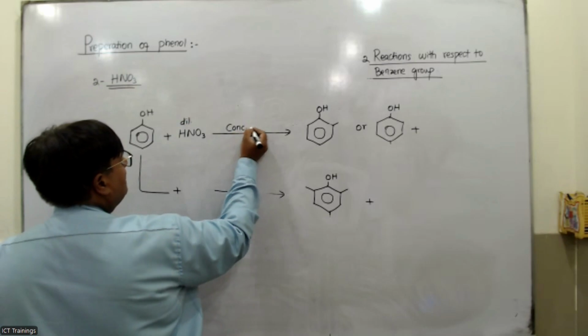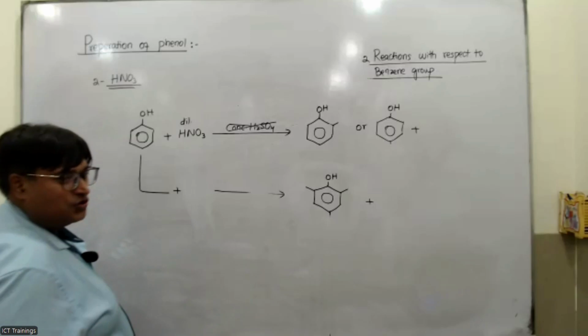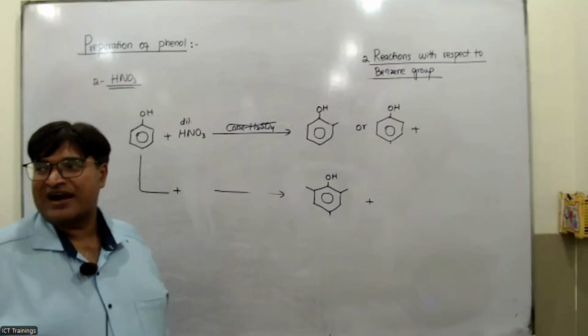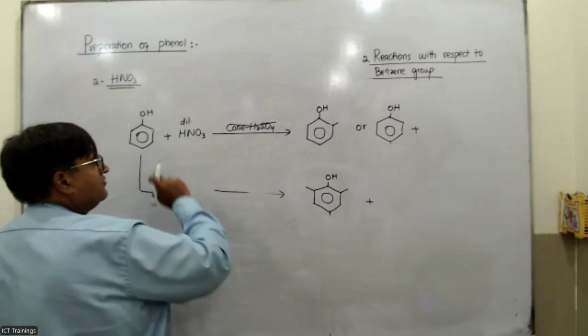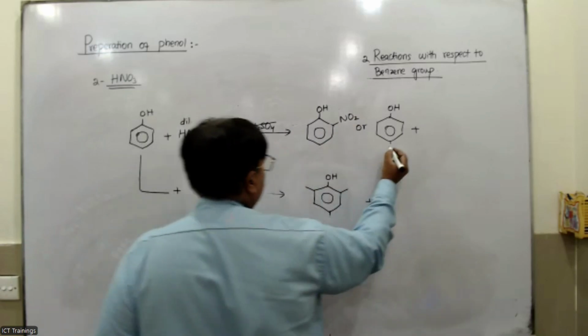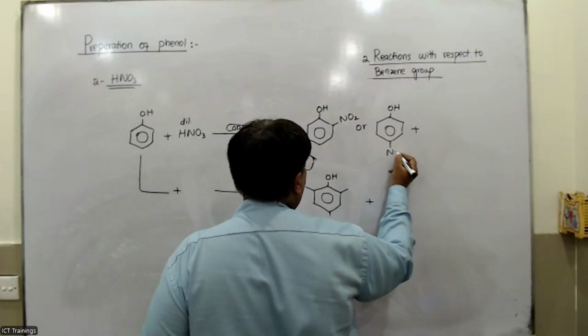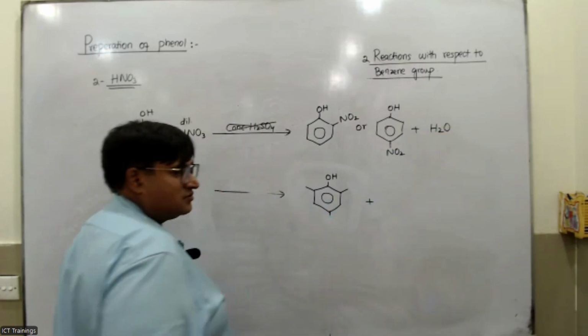First of all, you don't need concentrated sulfuric acid as a catalyst. I told you that for phenol, no catalyst is required. Okay. So what would happen if it is the dilute nitric acid: on any one position, the NO2 would be attached on position 2 or position 4, and H2O is formed.